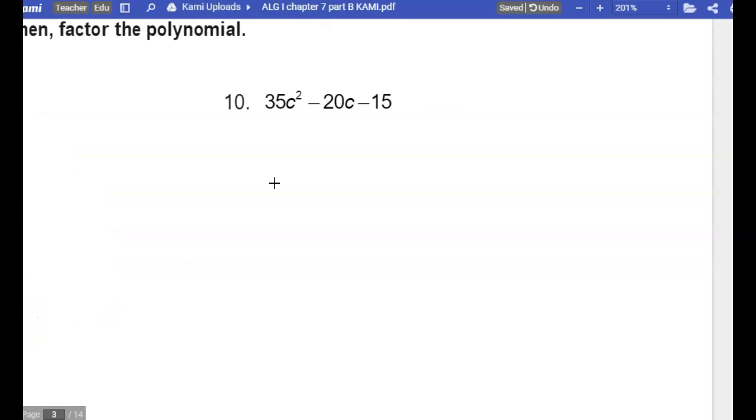When I look at 15, 20, and 35, what number do they have in common? My GCF is 5. I can't put a c in there because there's no c right here. So now, to factor, what I'm actually doing is dividing all of these by 5. Okay, little edit there. I wanted to be very specific. I put things on the same line last time, and I don't want to mess you guys up. So when I divide by 5, that's going to give me my factors.